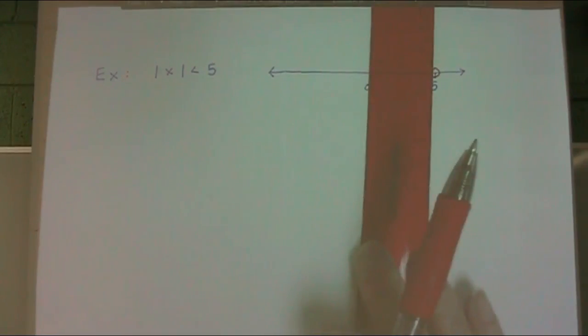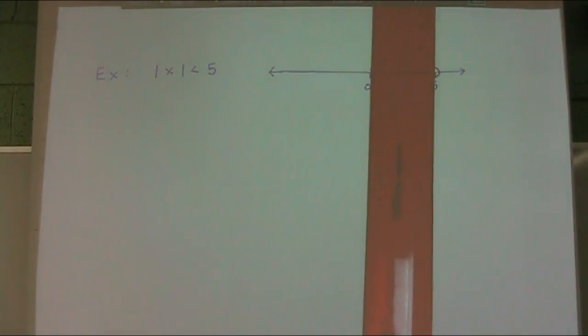Now, let's cover up the positive numbers. What negative numbers would work here? Wouldn't it be the same numbers but negative? So for example, -1, -2, -3, -4, anything that's to the right of -5.